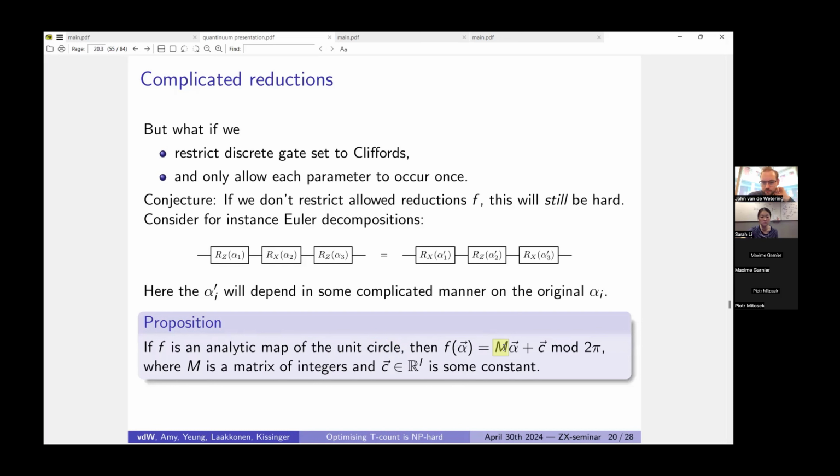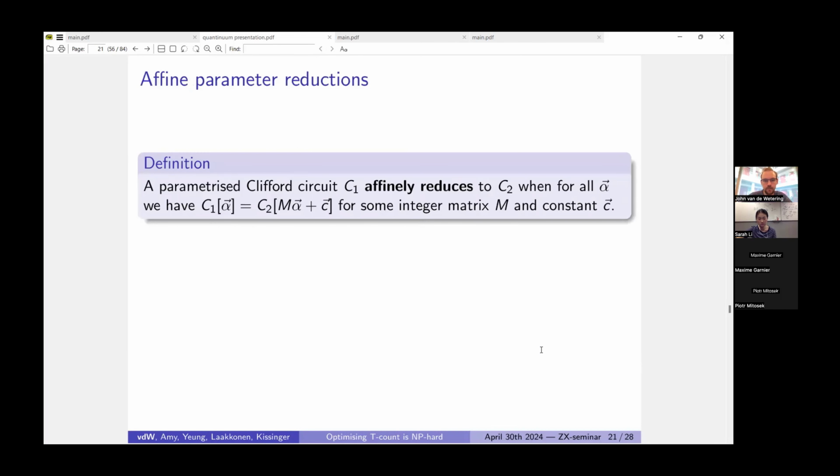So we just have some matrix, and in fact this matrix is a matrix of integers, which has to do with the fact that it must be periodic, and has some constants. So even though we could in principle have some very complicated maps, if we say they need to be analytic, then the restrictions on periodicity force it to be some very simple affine map.